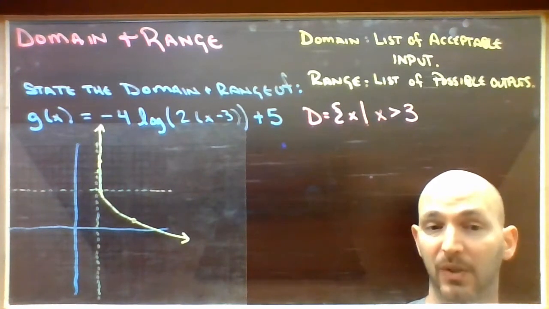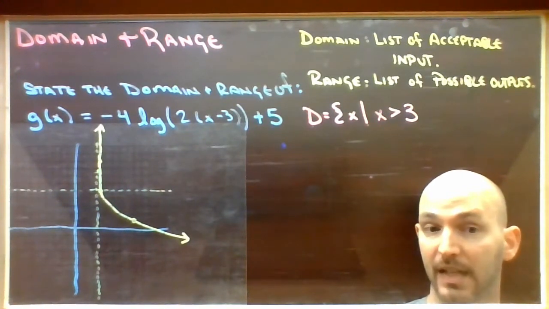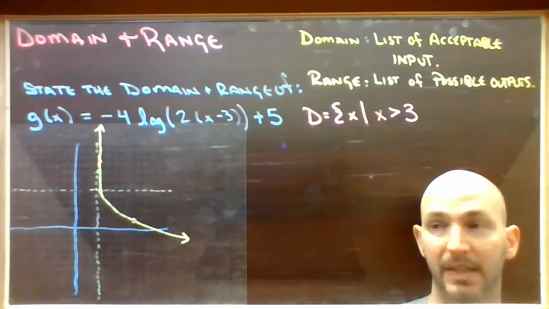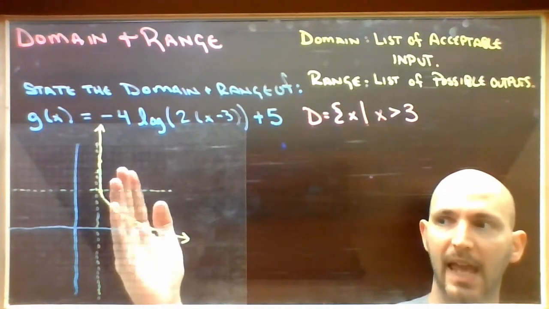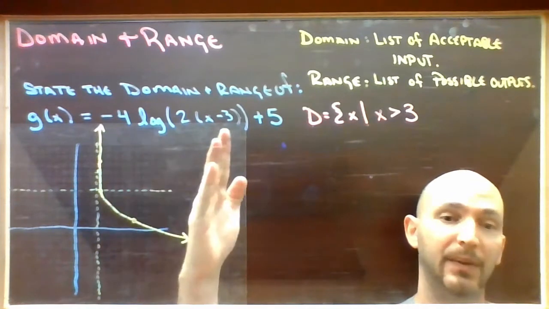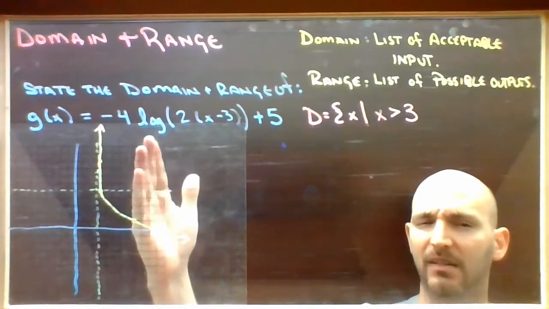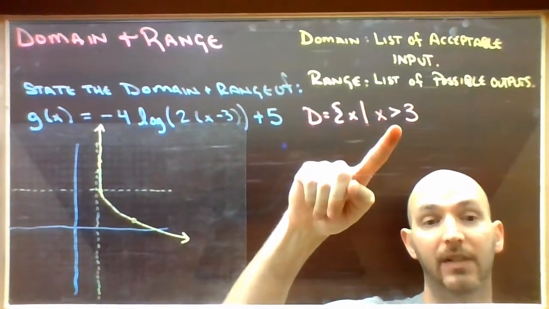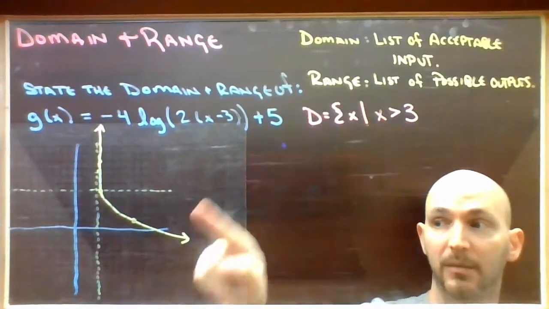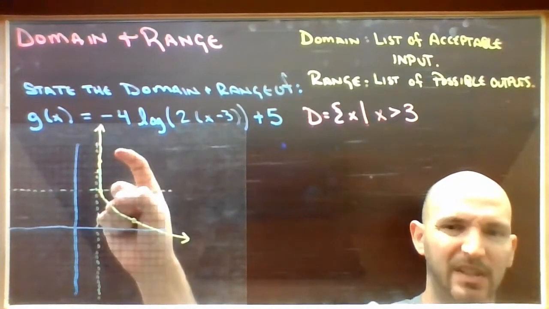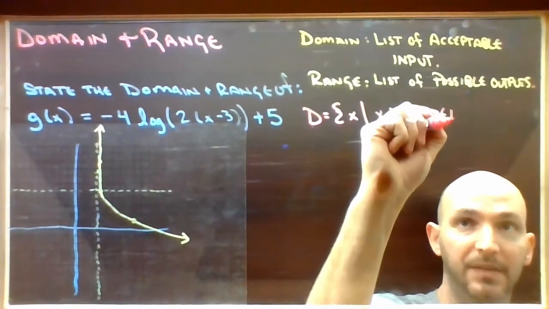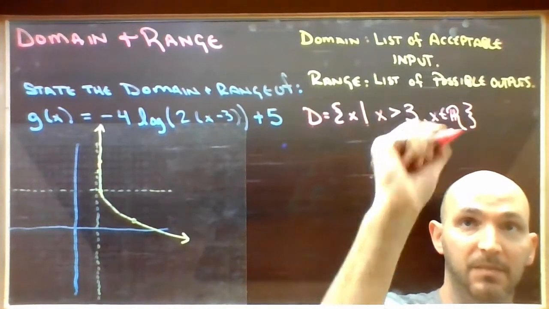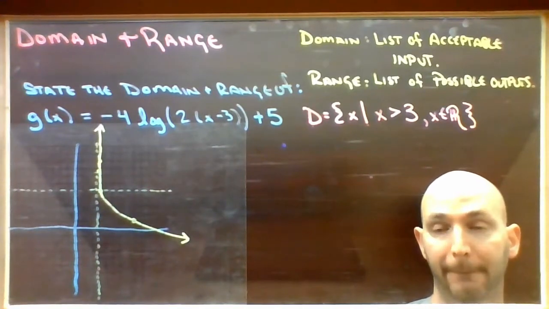If it's an asymptote, it never touches that line. It gets very close, but it doesn't actually reach it. So you can have any number that is bigger than 3, but it can't be exactly 3. So I'm going to have to leave this as a greater than, because this curve never actually touches that line. Close her off with the generic statement, it must be a real number, and we're done.